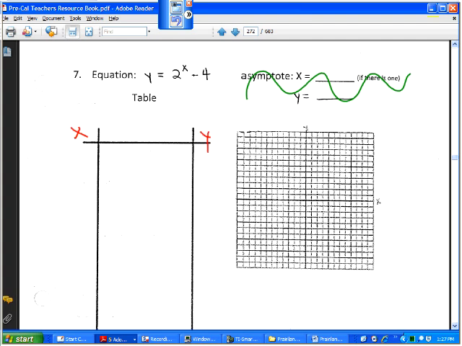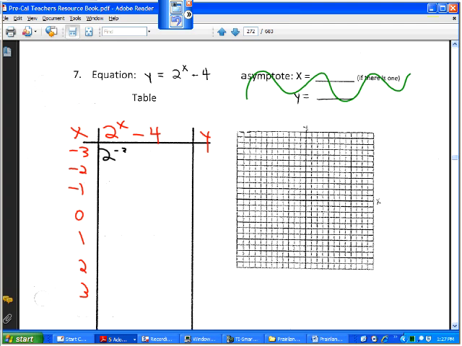To build a table, we start with x because it's the domain or the independent variable. We solve for y because it's the range of the dependent variable. Let's just go ahead and make this fun and put -3, -2, -1, 0, 1, 2, 3, and see what happens to this. That'll help us understand our exponential law better.